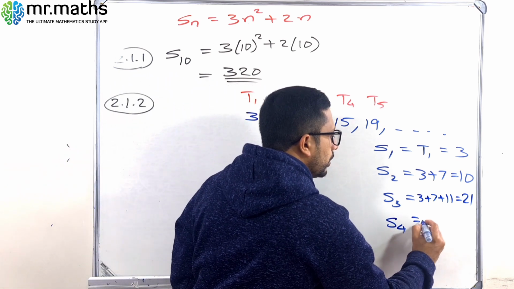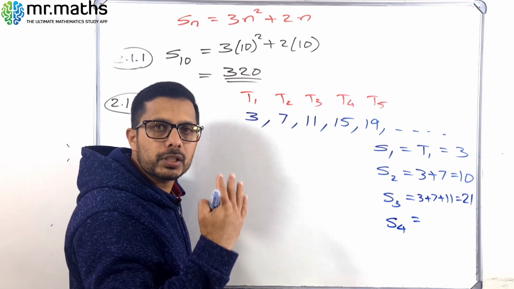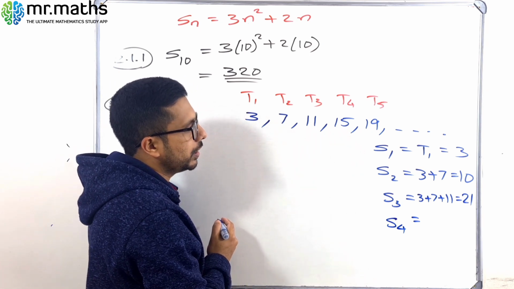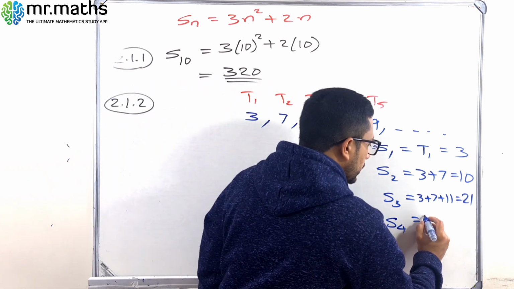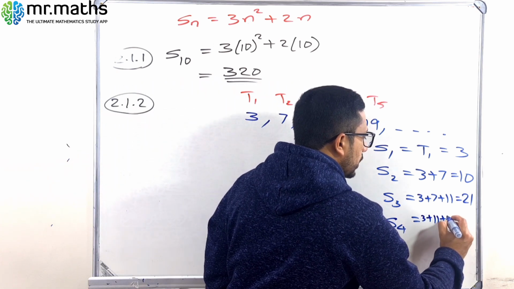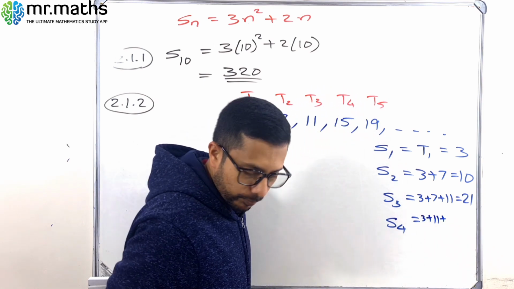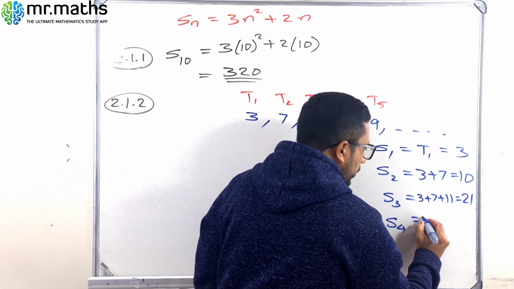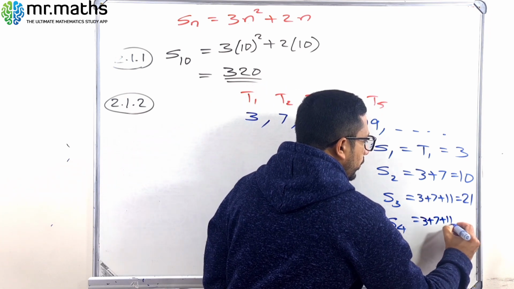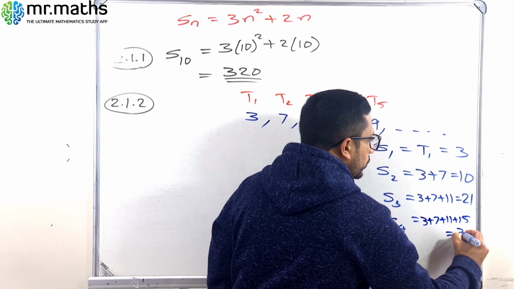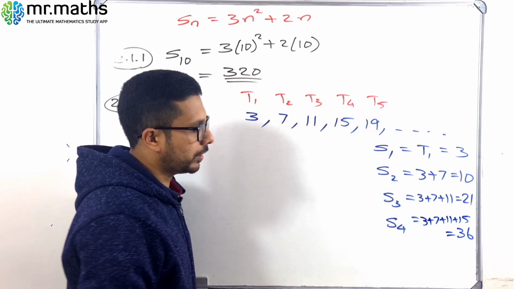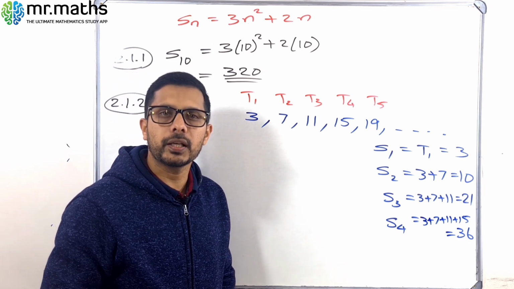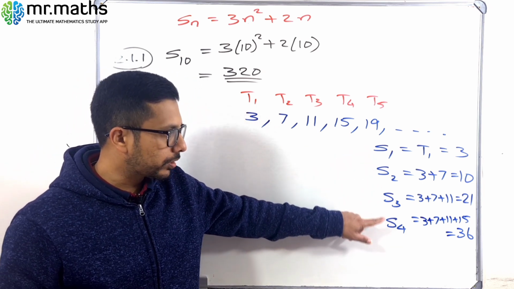Sum of the first four terms: 3 plus 7 plus 11 plus 15. So that is equal to 36. Am I right? 10, 21, 31, yeah, 36. So that is S1, S2, S3, S4.